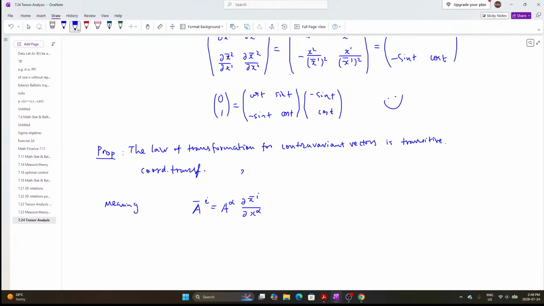Okay, so you transform from x i to x bar i, and then you do it again. You get x double bar i.